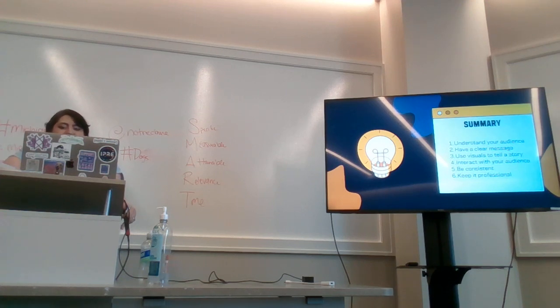All right, so we are nearing the end. So here's our summary. The 6 main points I want you to walk away with. Understand your audience. Make sure you know who you're selling to and market yourself to sell to that audience. Utilize platforms. Have a clear message.